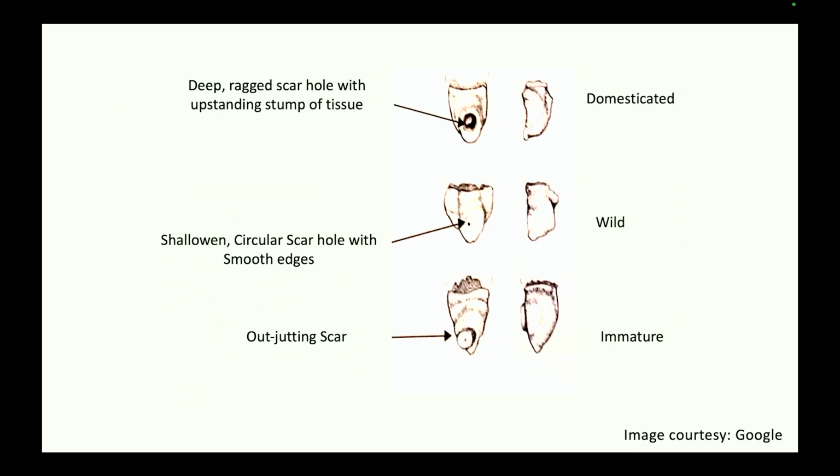If domesticated rice is found, then it has a deep ragged scar hole with an upstanding stump of tissue. If it is wild, then it has a shallow and circular scar hole with smooth edges. And if the rice is immature, then it has an outjutting scar.